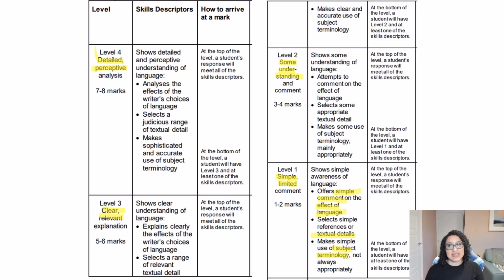Basically what it means is that you have shown a clear understanding of the text, but more than that, you've shown a really insightful understanding of how that idea, how that meaning was conveyed by the writer. So part of that will come from you being really detailed in your analysis, like I said before. But another part of that is you being able to spot the links between things. So if you've analysed a metaphor and, I don't know, assonance within one quote, you are also able to say how the two connect together.